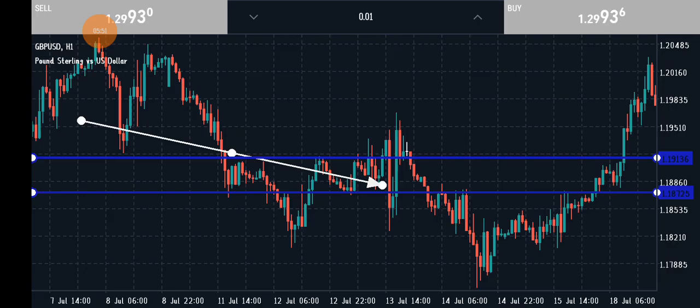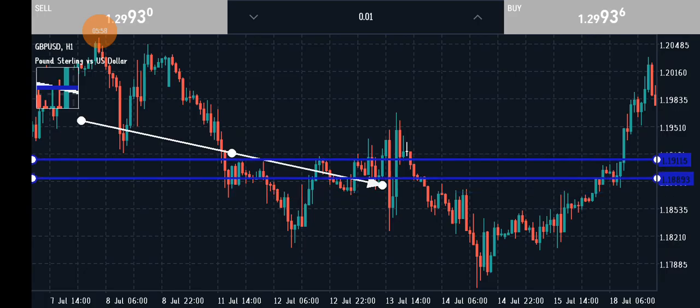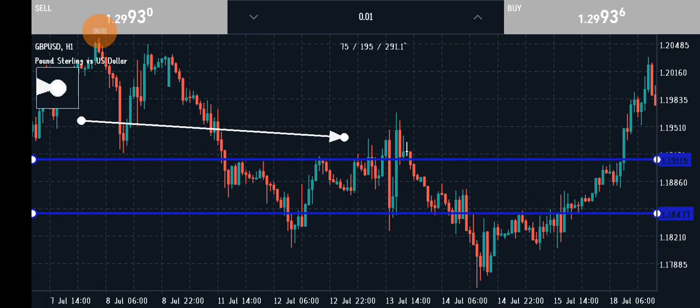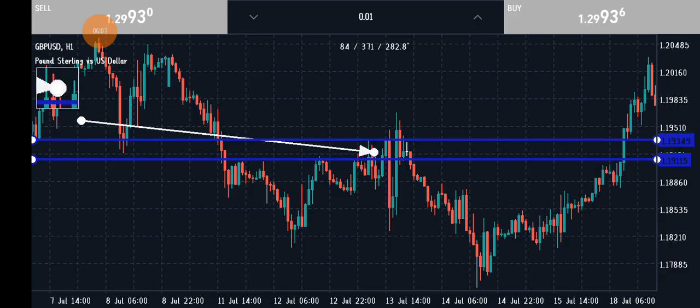So you can as well spot the beginning of a green candle here, the beginning of a green candle here, and the beginning of the red candle.